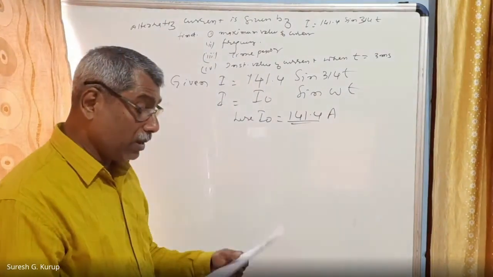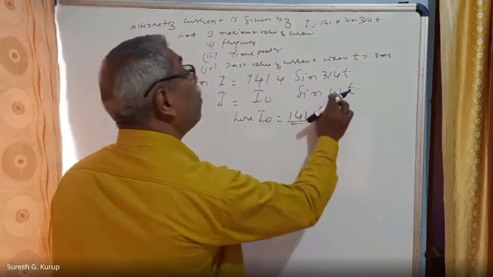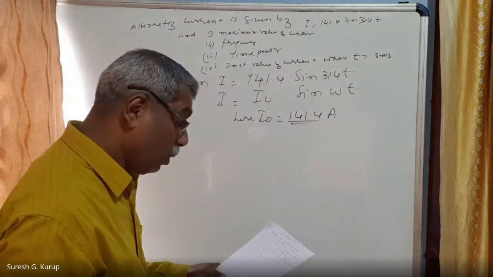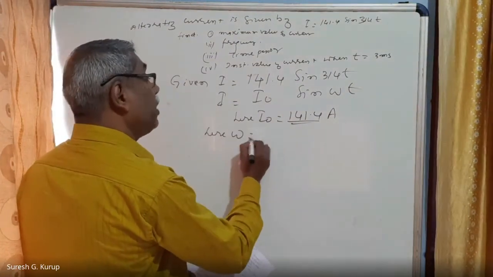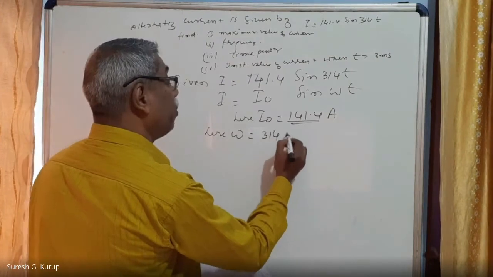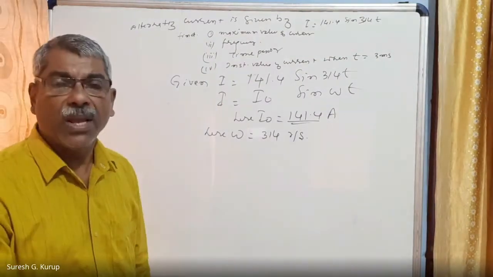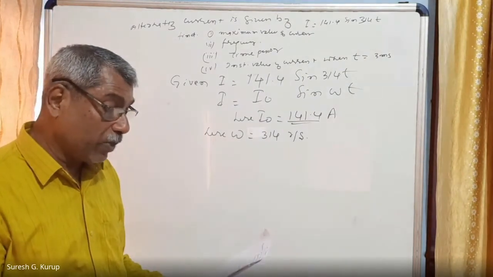What is the next one? Next one is omega. This omega matches 314, right? Therefore, omega is equal to 314 radians per second, because omega means angular velocity, angular frequency, which is measured using a unit called radians per second.